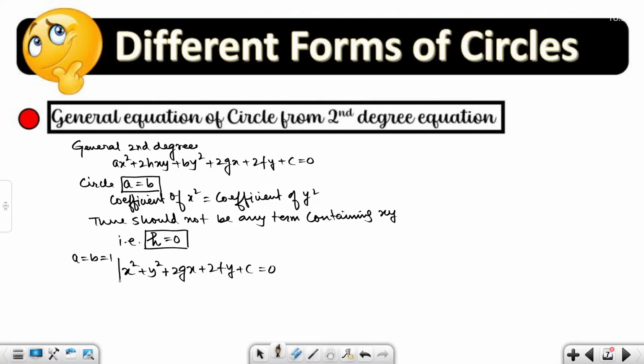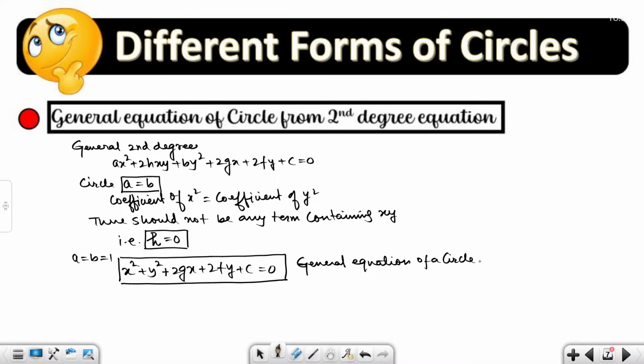And this is what is called the general equation of a circle. Clear?